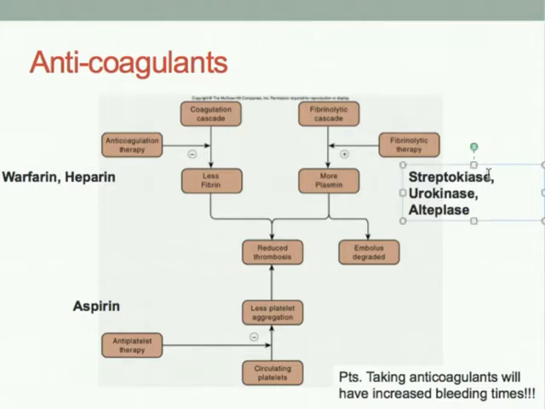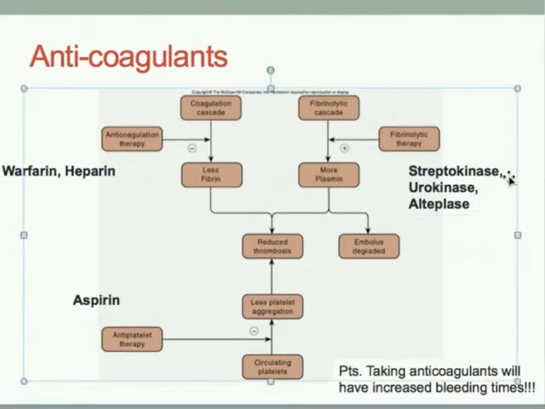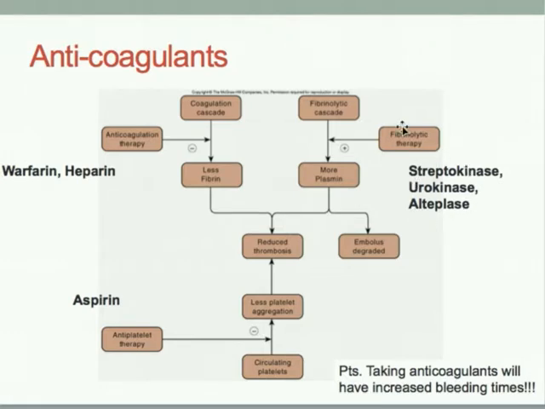Okay, I'm going to add an N here because we've already mentioned the drug streptokinase, and then there are also drugs that are the same thing, which are prepared plasmin: urokinase and alteplase. Streptokinase, remember, is the most common prepared form of plasmin, and plasmin in our own bodies binds to fibrin and dissolves it so that all of the elements trapped by the fibrin are able to be liberated and then the clot dissolved.